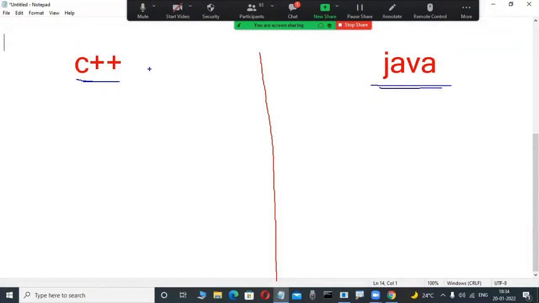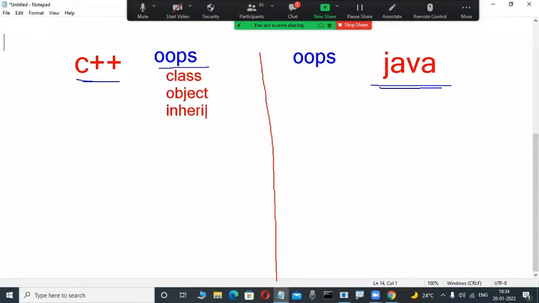In object-oriented languages, there are some OOPS concepts, some object-oriented features. Here also OOPS concepts are there, and here also. Maybe some fellows have an idea: class is a concept, object is a concept, inheritance is a concept, polymorphism is a concept.